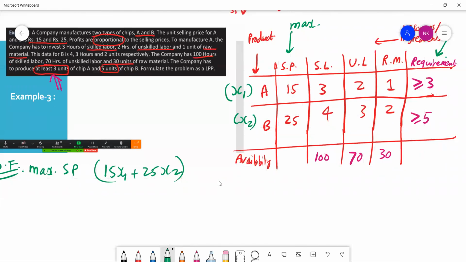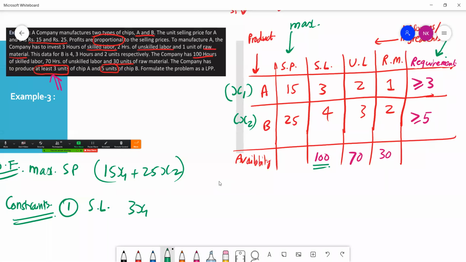Now come our constraints. The first constraint is for the skilled labors. It is the availability, so all these things need to be less or equal to the available entity.